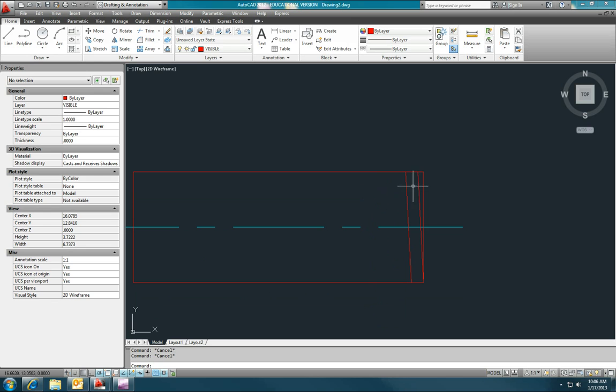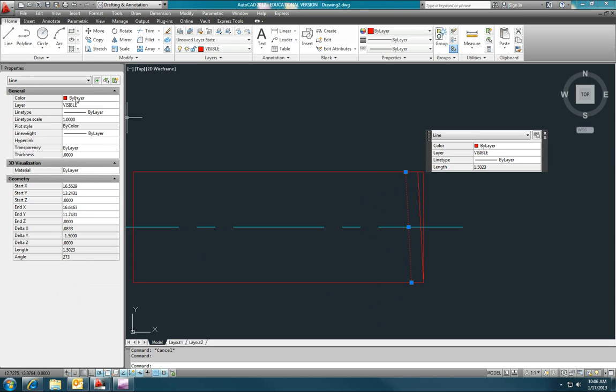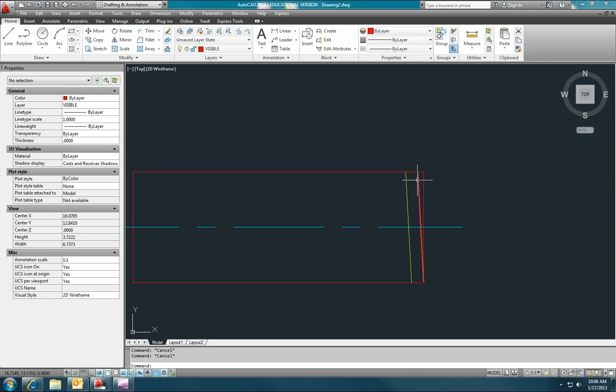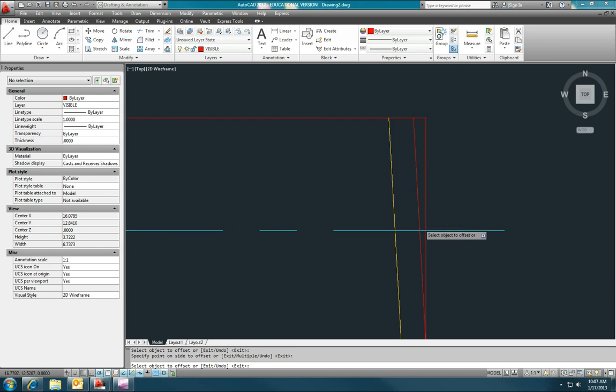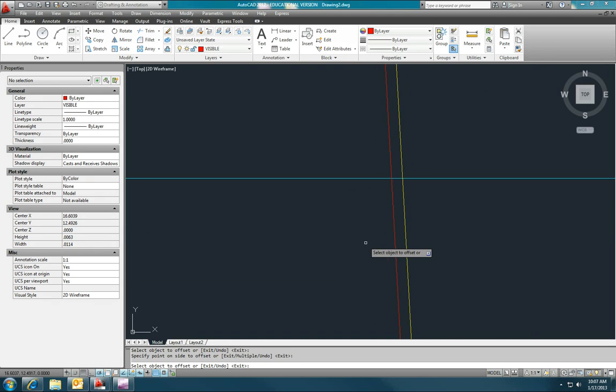Now, a lot of people, let me highlight that line in yellow just to show you something. A lot of students would want to just offset this line by 1/6, and that is not correct. Okay, remember, offsets are parallel. So if I were to actually offset that by 1/6, you can see that the offset line ends up in a different place than the copied line.